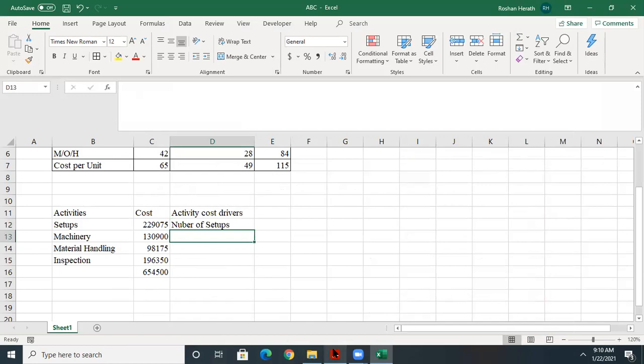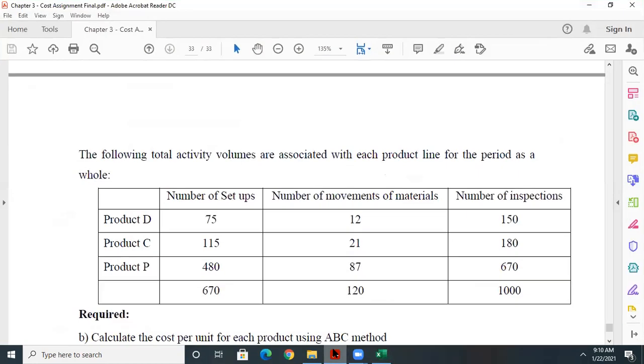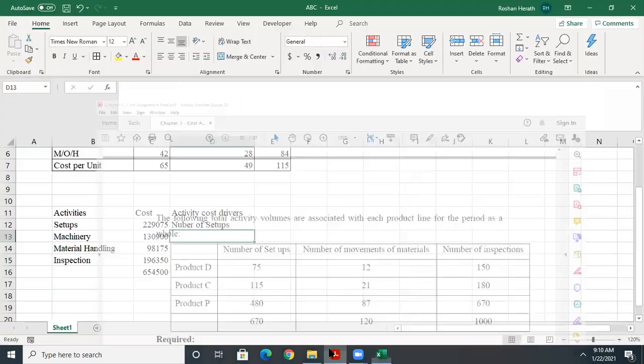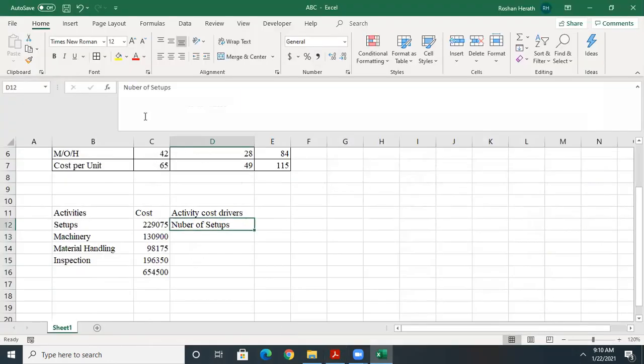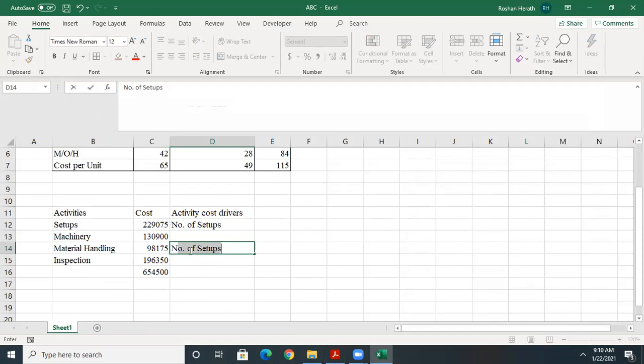Then material handling is driven by the number of movements. Then what about inspection? That may be the number of inspections. It's quite straightforward, isn't it?